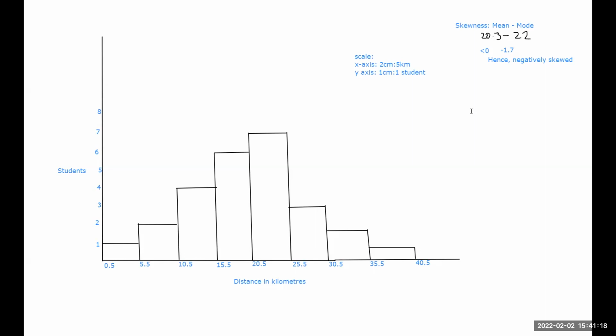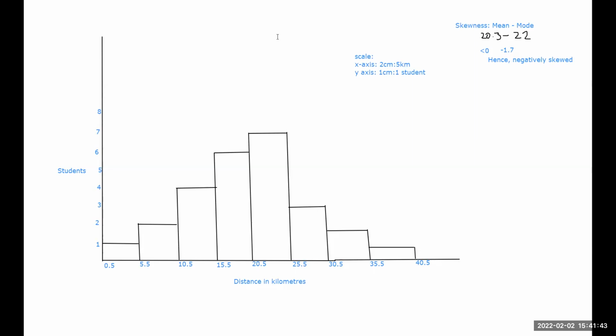So if you want to write it down from now, skewness is 3 in brackets mean minus median. That's for a data set that doesn't have any mode. You wrote it down in your notebook? Yes, sir. All right, great.